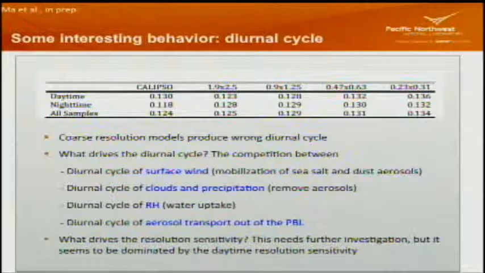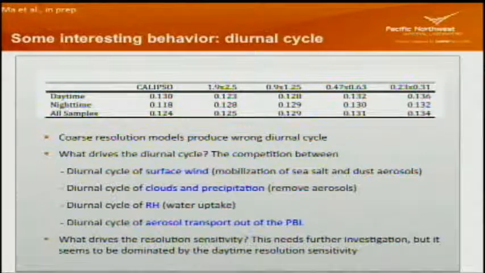But let's ignore that for a minute, and let's assume this is a true diurnal cycle, that we have a higher daytime AOD and lower nighttime AOD. You can see that the 2 degree and 1 degree model actually have the wrong diurnal cycle, and the half degree and quarter degree model start to show the correct diurnal cycle.